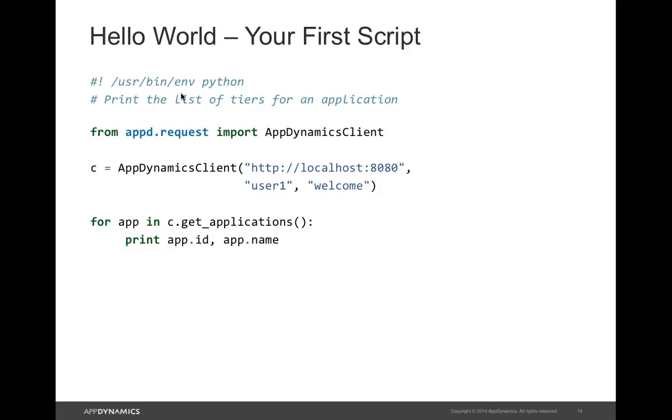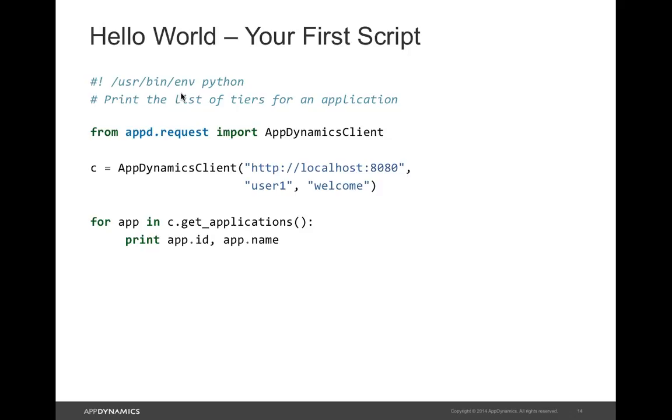If you don't have it, then here are the instructions to get pip and install it. So assuming you have Python and pip, you can skip ahead to step 3. It's really easy. You just say pip install AppDynamics REST. That'll download our SDK along with all of the packages that it requires as dependencies, and then you're ready to go. You can start coding.